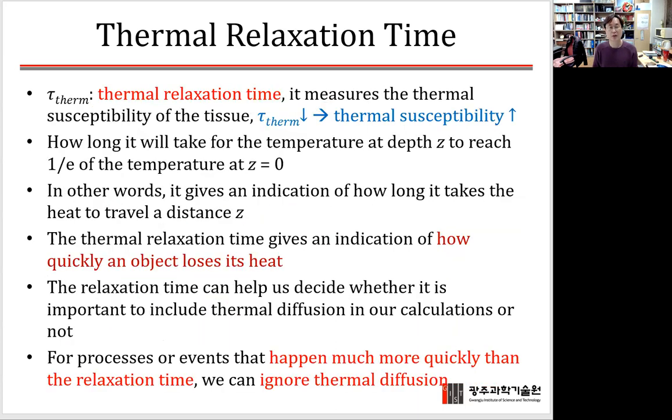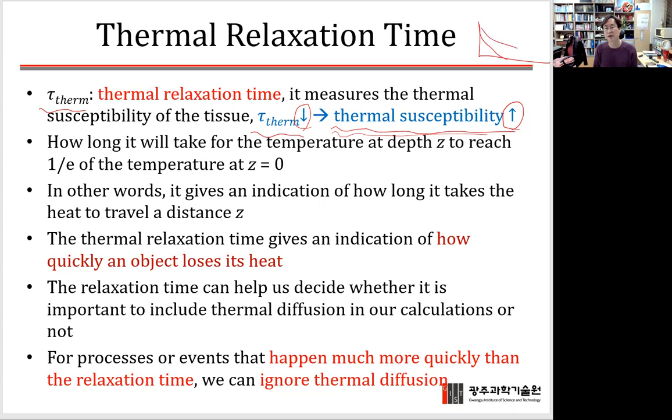This tau term, the thermal relaxation time, is a measure of the thermal susceptibility of the tissue. So when this tau term is smaller, the thermal susceptibility is shown as increased, which means the tissue is going to be affected easily by thermal damage.